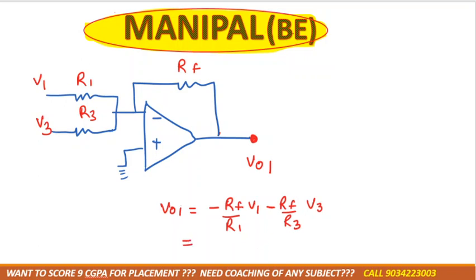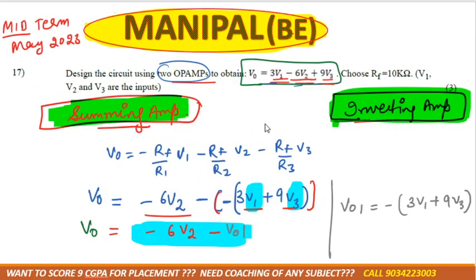So the equation they have already given is minus 3V1 minus 9V3. Up to here we have drawn minus 3V1 minus 9V3.